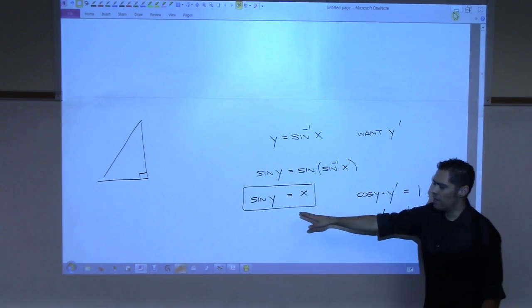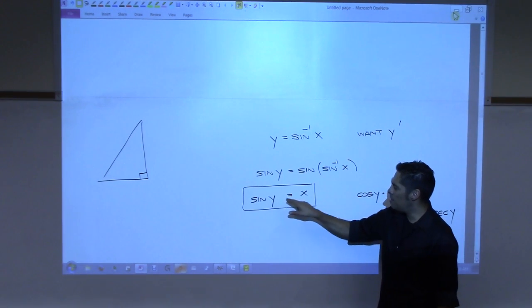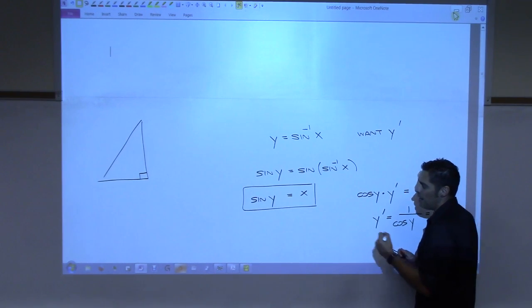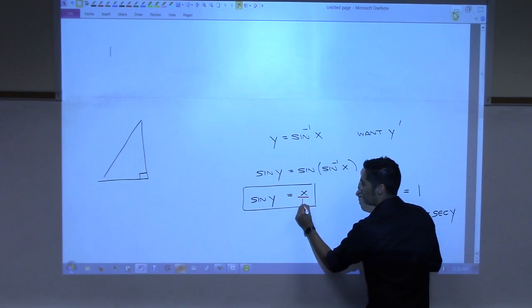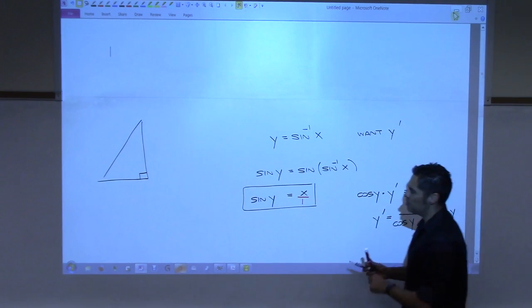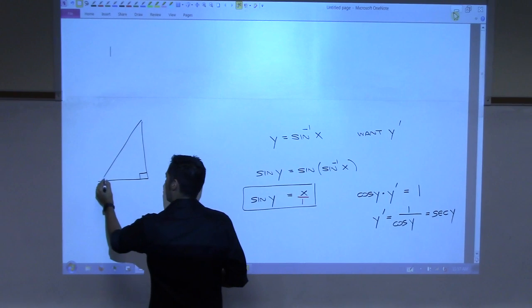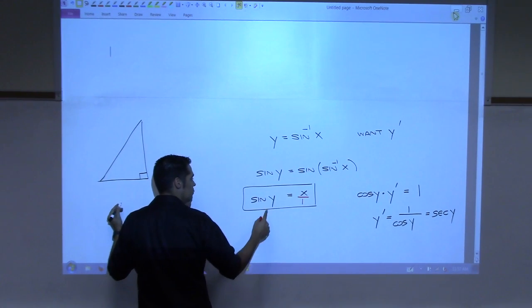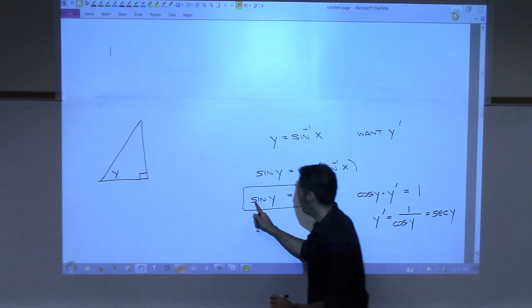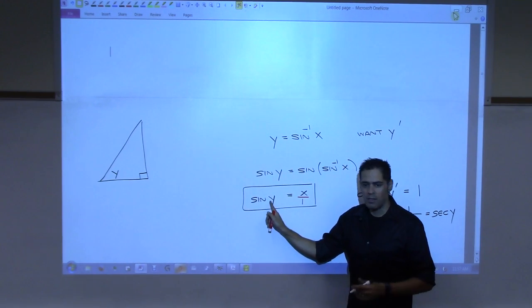Look at this equation right here. Sine of y is x. I'm going to rewrite the x as x over 1 because it is x over 1. And then I'm going to come in here and fill this triangle in. I'm going to use y for my angle, because usually when you plug something into a sine function, isn't that usually the angle?